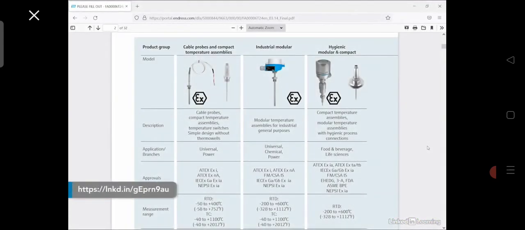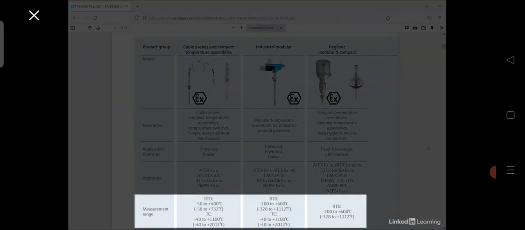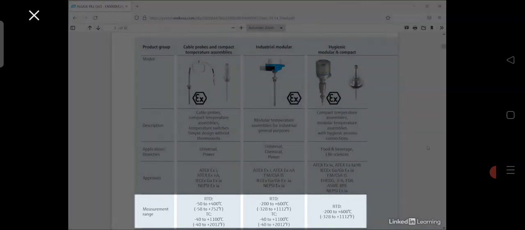And this makes RTDs among the most precise temperature sensors available when compared to thermocouples or any industrial temperature sensors, even though RTDs have a lower range for temperature measurements.